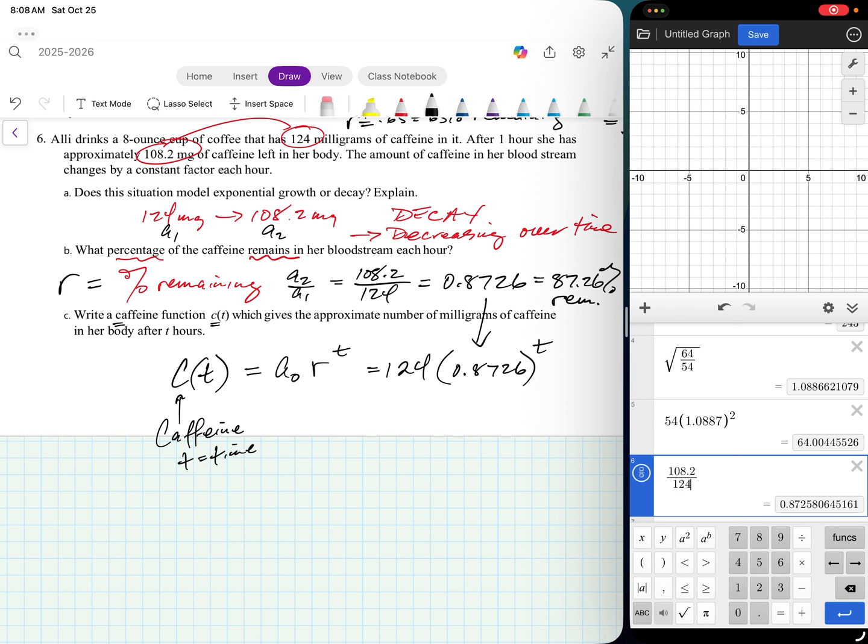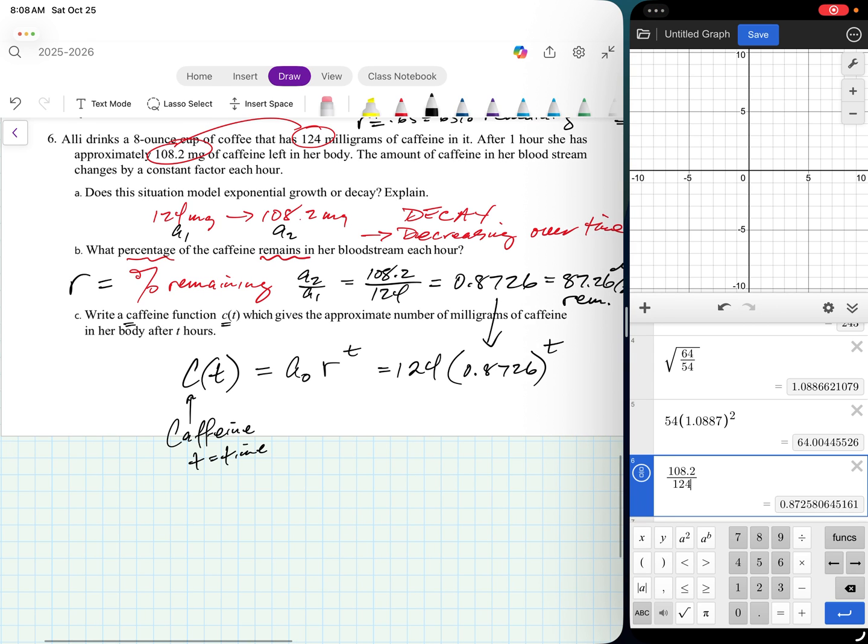Or, you could use your 108.2. If you want to rewrite it, you could write it with respect to the 1 hour later, which is a sub 1. So you'd have a1 times r to the t minus 1, or 108.2 times your common ratio to the t minus 1.